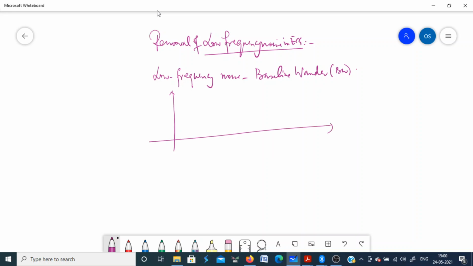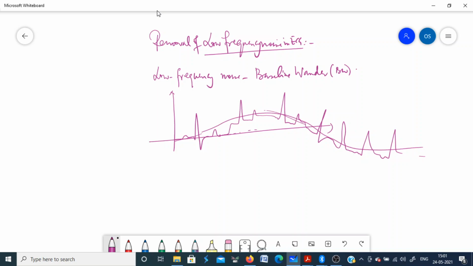So if you have a normal ECG, you have P wave, QRS complex, then T wave, and so on. So in case the signal is contaminated with the baseline artifact, it will be something like this, maybe like this.